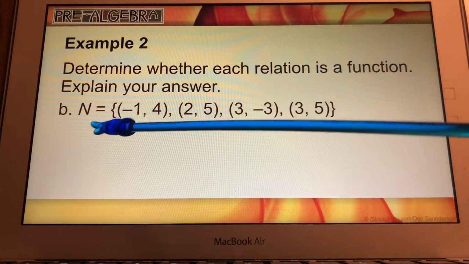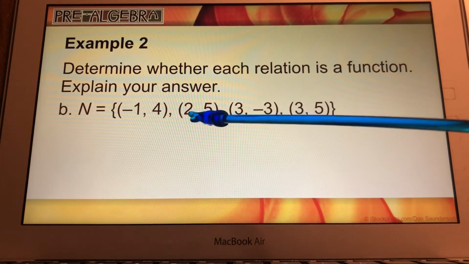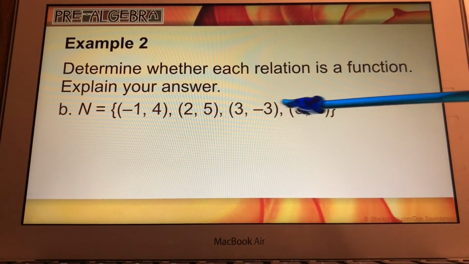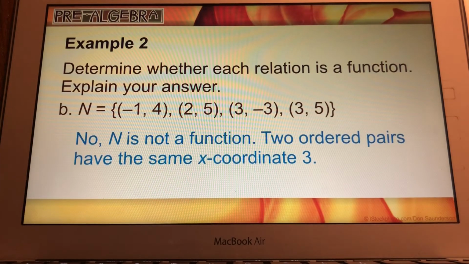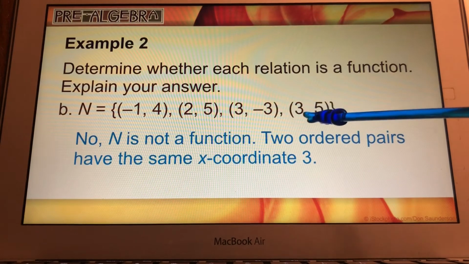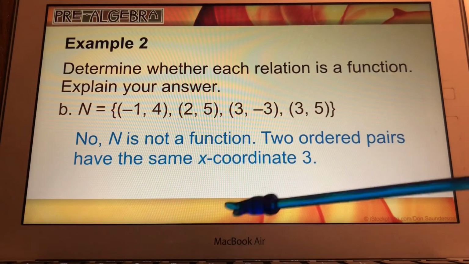Now, same thing here. For set or relation N, are any of the x values repeated? Ooh, look at that. 3 and 3. Okay, that's repeated. So, no, it is not a function because the 3 is repeated. Two ordered pairs have the same x coordinate 3.